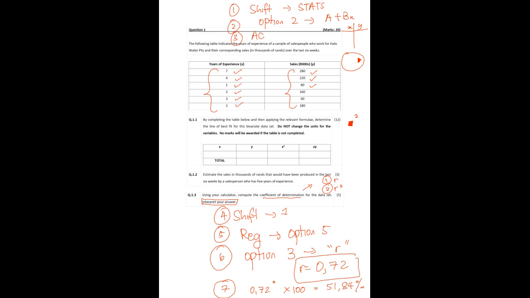Okay, so to interpret this answer of 51.84, remember it's telling you to what extent the change in the X variable explains the change in the Y variable. So here X is your years of experience, and then Y is your sales.